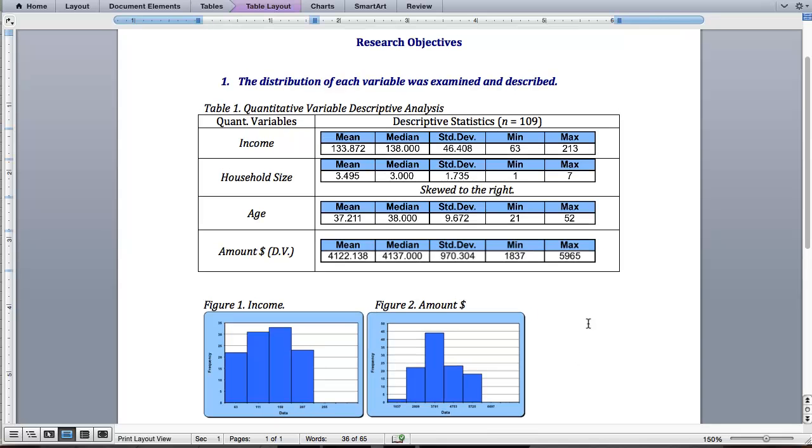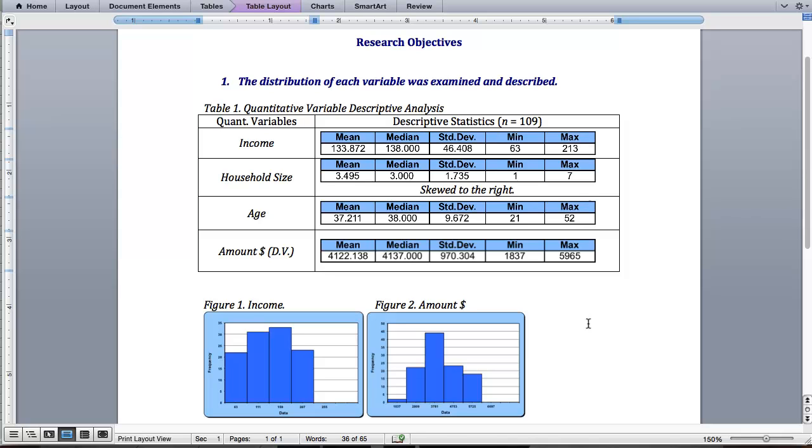So once we understand how to use the Excel tool and what method or approach we're taking to examine the distributions of our quantitative variables, we could be very efficient in reporting the results. So with just a single table and briefly, very quickly, efficiently copying and pasting my table from the histogram worksheet, I could see the descriptive statistics, the mean, the median, standard deviation, as well as the range.